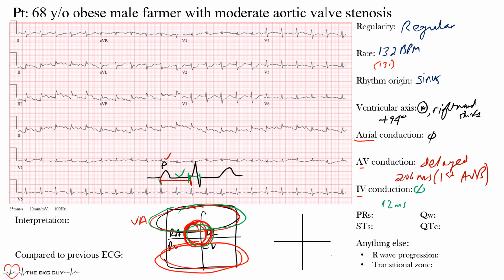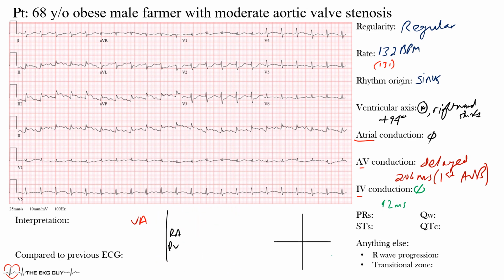So there is no conduction delay within the ventricle that you may see with a bundle branch block or something else, so we won't mention anything else in this case. As you can see, we went from the atria, AV node, and now the ventricles. Don't worry, we are not missing any of the wave segments or abnormalities that we'll talk about shortly.